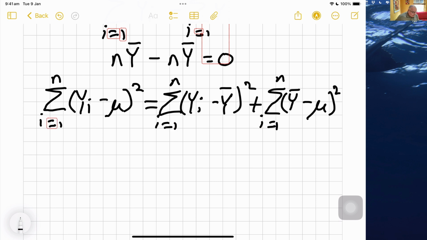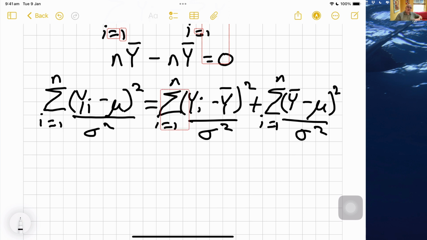Now, I'm going to divide everything by sigma squared. For those who are worried, we're going to assume that sigma is greater than 0. So sigma squared is greater than 0, so I can divide all the way through without causing any problems. We're now going to do some rearrangement.